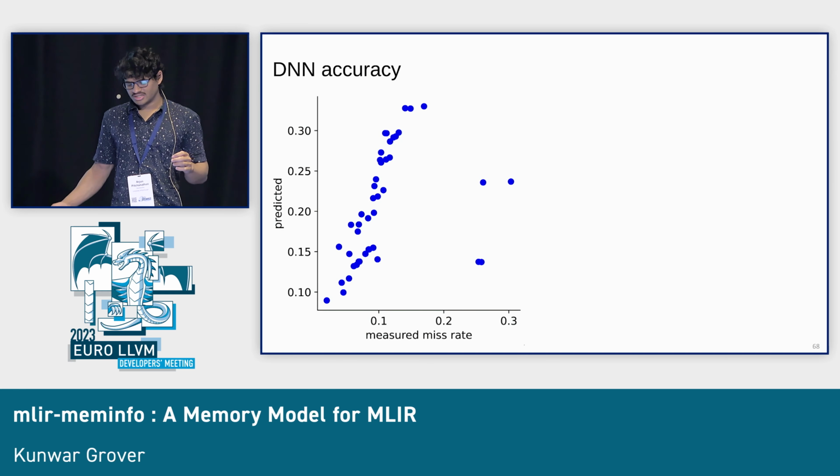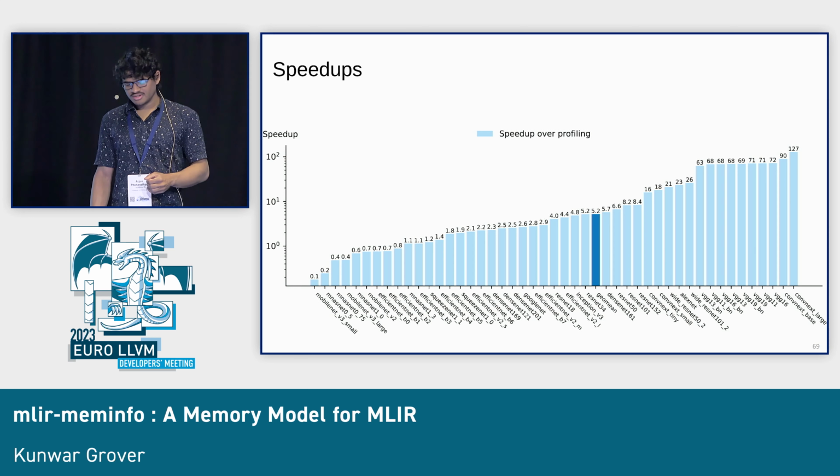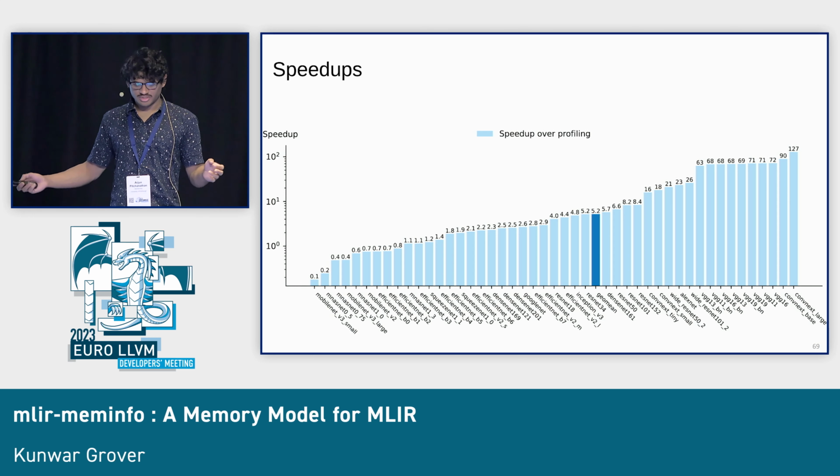Finally, let's look at the speedups of running a profile. These are a bunch of torchvision neural networks that we lowered down to Affine. The geometric mean speedup is 5x, and it can be really high, up to 2 orders of magnitude on some networks.